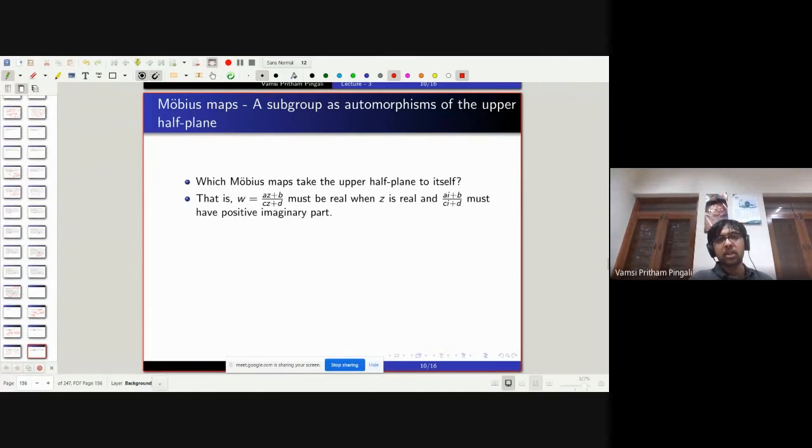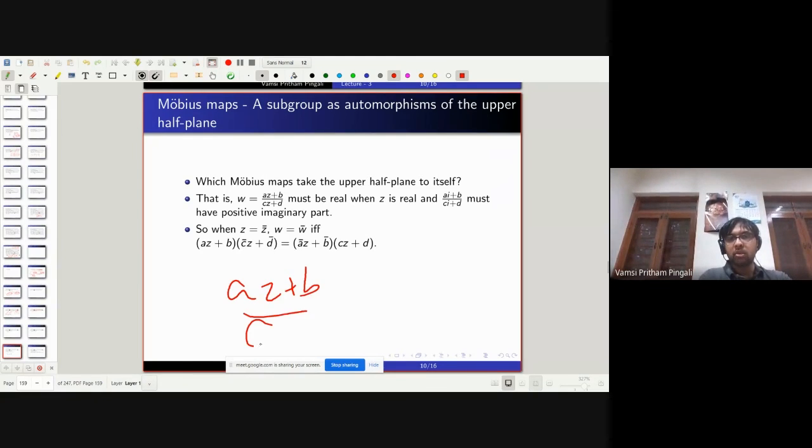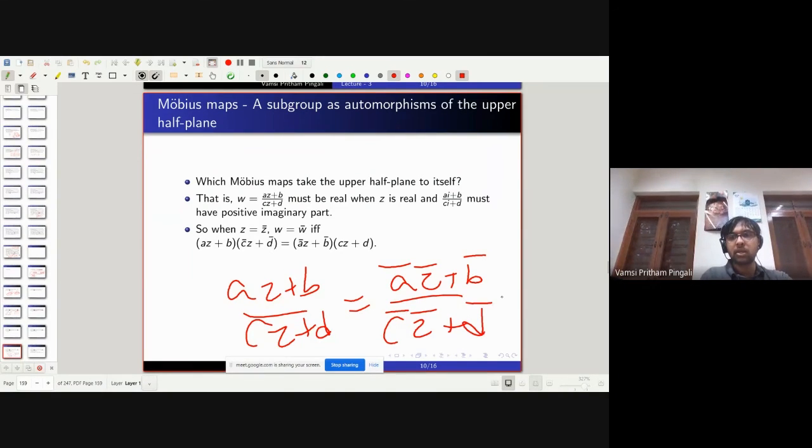This is precisely the answer to this question, but I want a more concrete answer. So when z is real, that means z is z bar, w is also real if and only if (az+b)/(cz+d) equals (a bar z bar + b bar)/(c bar z bar + d bar). You just cross multiply to get this equation.